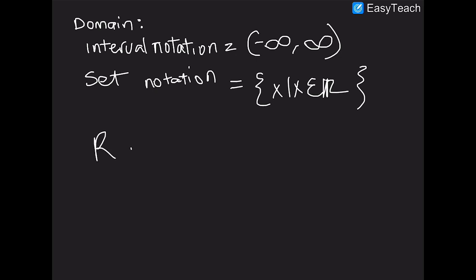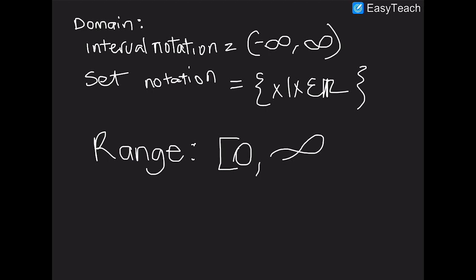Then we have our range. And now, I'm just going to do interval notation first. When you include something, it's always a square bracket when you have a number that you're including, right? So in this case, we are including a 0 because a 0 is a point on the y-axis. It is a point right there, but we're not including a positive infinity.